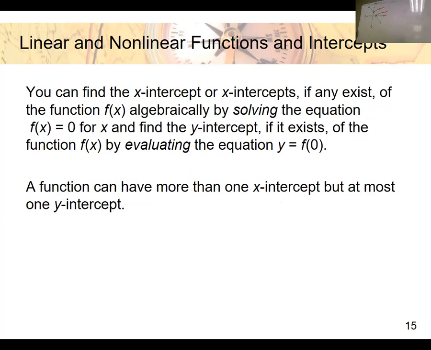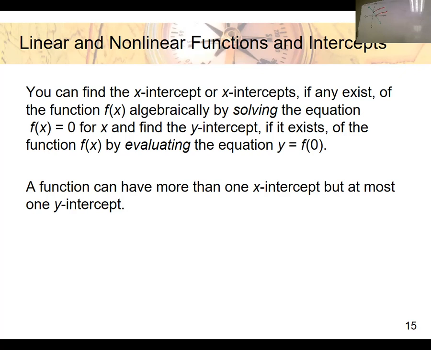Okay. And here we can find the x-intercept or intercepts, if any exist, of a function algebraically by solving the equation f of x equal to 0. Basically, to find the x-intercept, you just substitute 0 in for f of x or for y and solve that equation for x.